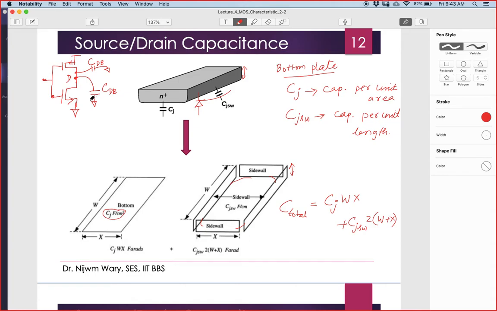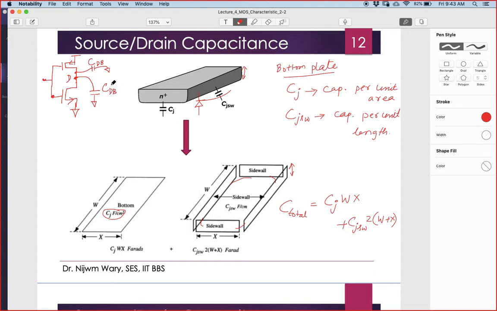Sir, when do these capacitances come into existence, at high frequency or low frequency? Mostly toward high frequency, especially for very high speed operation.